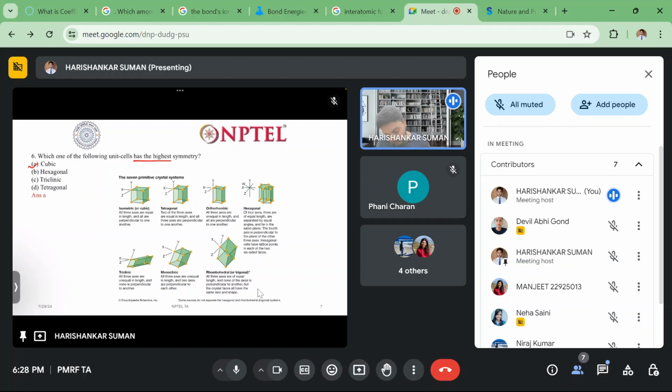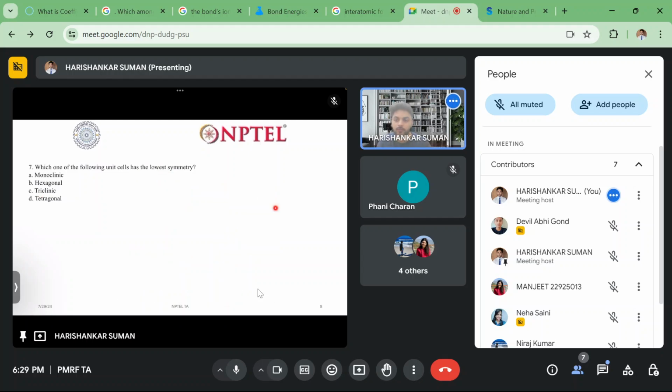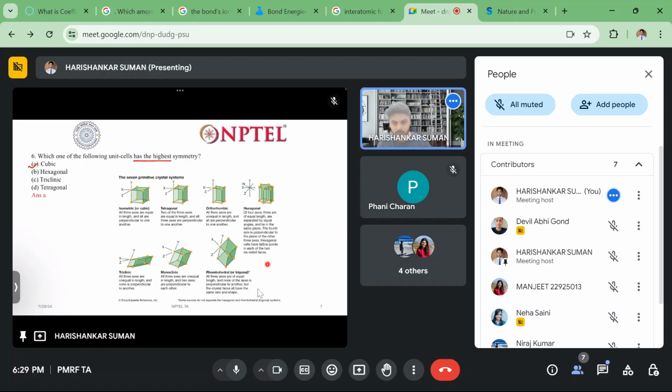Which of the following is said for lowest? Next question, you can see in this slide. Please read these systems and answer the question. You have 5 minutes.